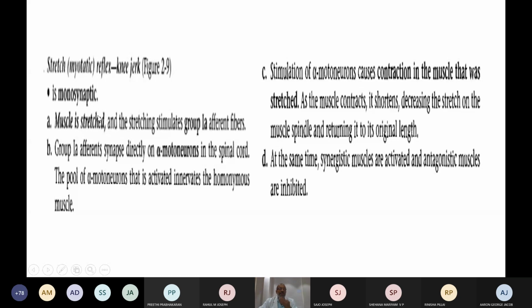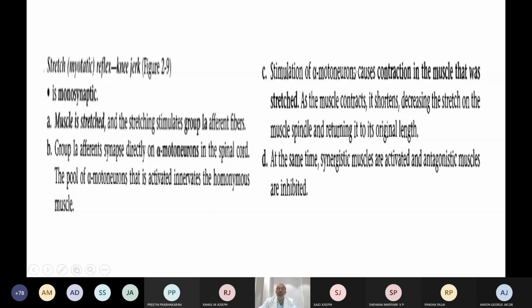When the muscle is stretched, stimulating group 1A afferent fibers, group 1A afferent fibers synapse directly on the alpha motor neurons in the spinal cord. The pool of alpha motor neurons that is activated innervates the homonymous muscle, the same muscle.